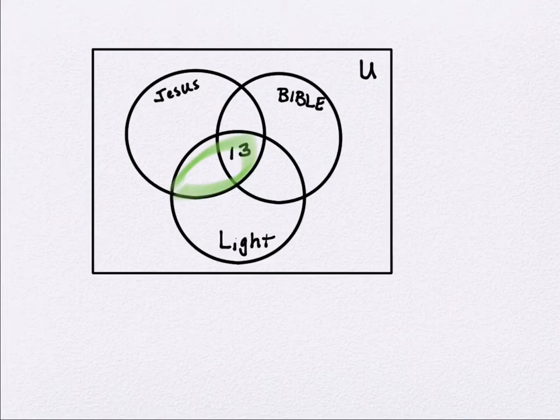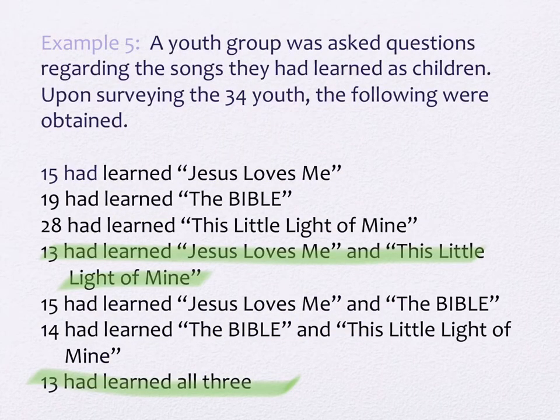So what does that tell you? 0. And 0 is a perfectly fine number to put in any of these categories. You can have a 0. You can't have a negative, but you can have a 0. Because remember, these numbers actually represent, in this case, a person. No negative people. I mean, literally. Okay? So we've taken care of the 13, Jesus Loves Me, and This Little Light of Mine.